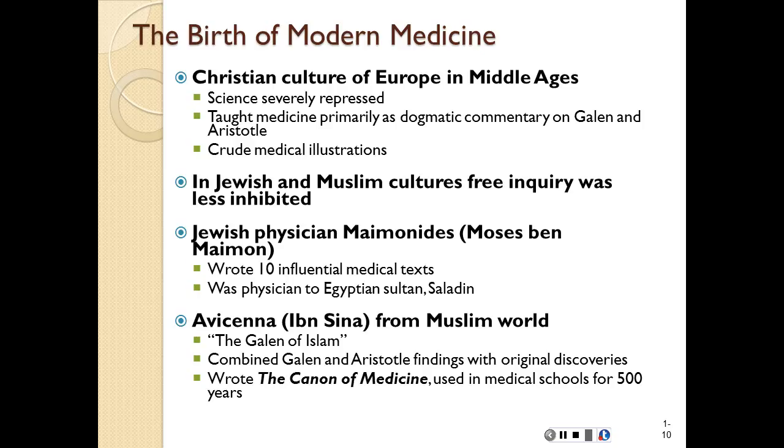Of course, we deal with other individuals. The Jewish physician Moses ben Maimon wrote 10 influential medical texts, and he was the physician to the Egyptian sultan Saladin.